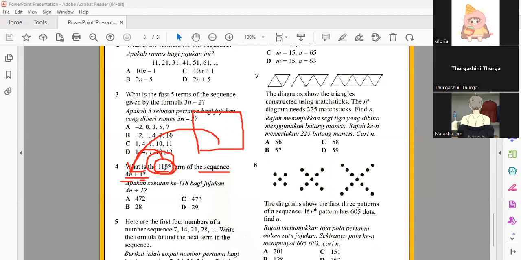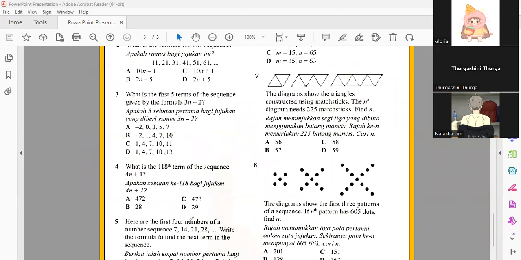So 4 times 118, the 118th term, and then plus 1. 4 times 118 is how much? 8, 16, 24, 32, 44 plus 32, so this will be 472, and then plus 1, 473. Yes, that's your answer. Okay, good. Clear.